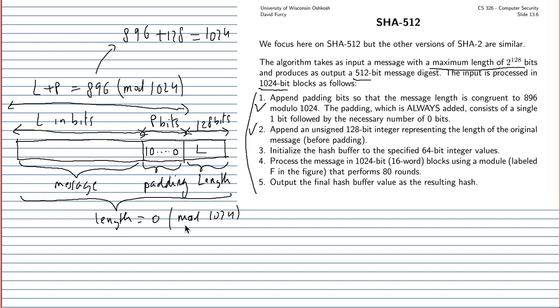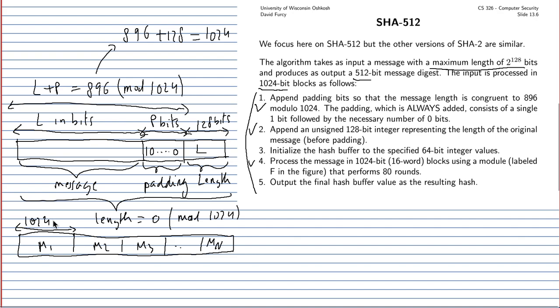Let me skip step 3 for now and talk about step 4. In step 4, we take this new message, modified as we just described, and break it up into blocks M1, M2, up to Mn, and each block is exactly 1024 bits because that's a requirement of this algorithm. We're going to use a hash function that we'll call f for now.